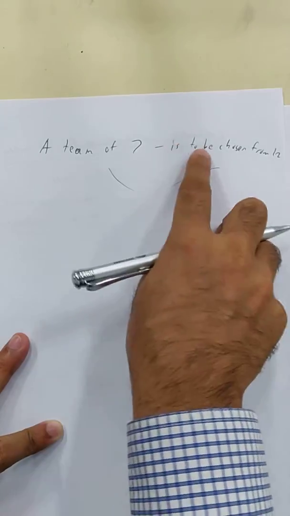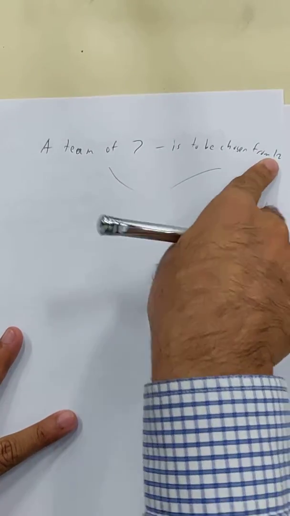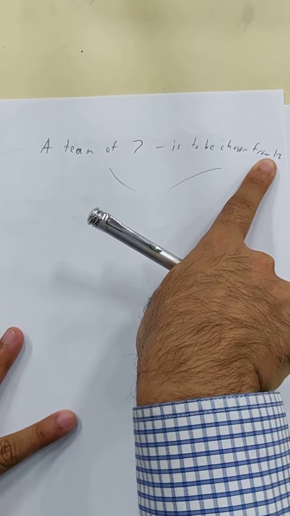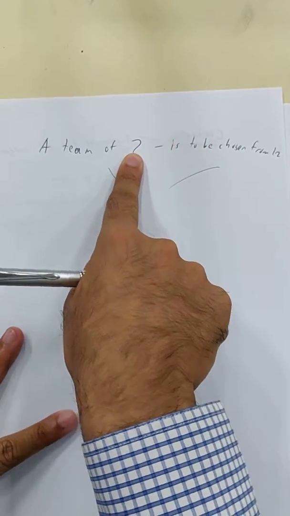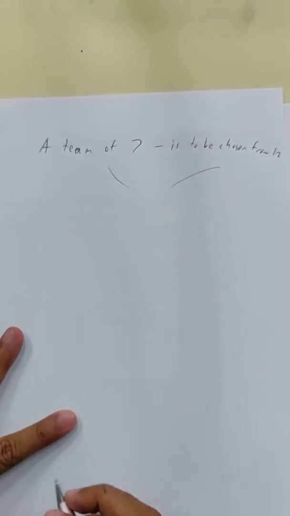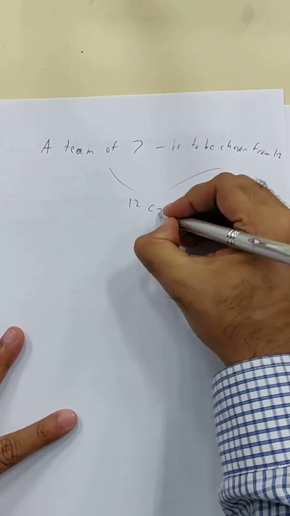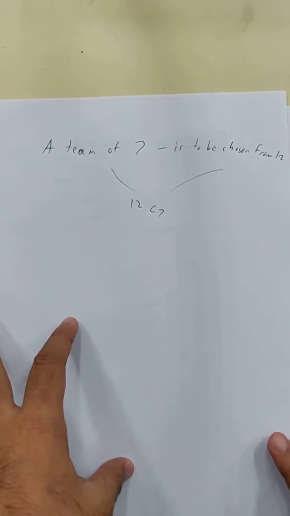A team of 7 is to be chosen from 12. How many people do you have? You have 12. How many do you want? 7. So it's always more C or P less: 12C7. You cannot have less P more or less C more. Press that on your calculator, you get an error.